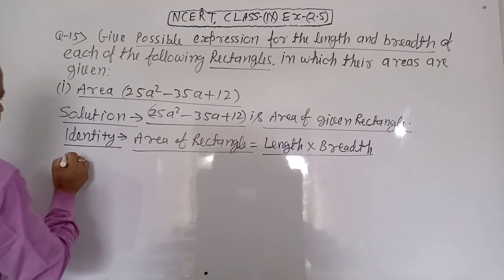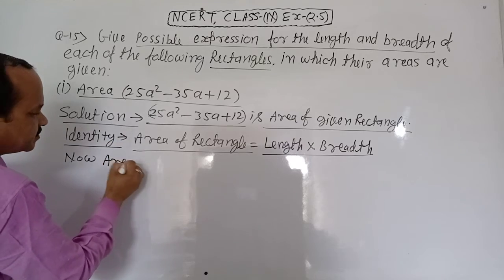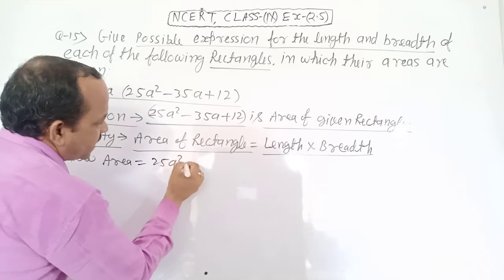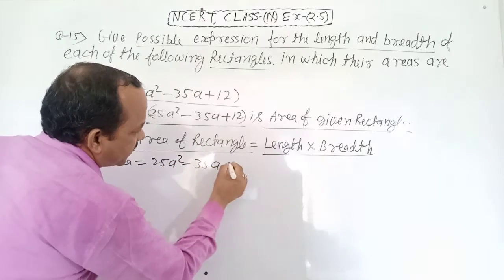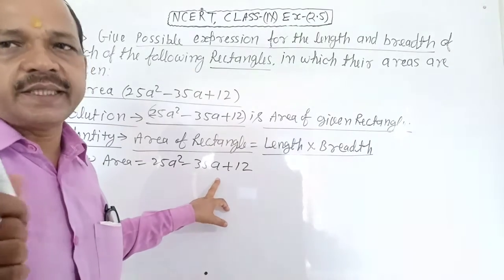Now, area equals 25a square minus 35a plus 12. It is the area of the rectangle.